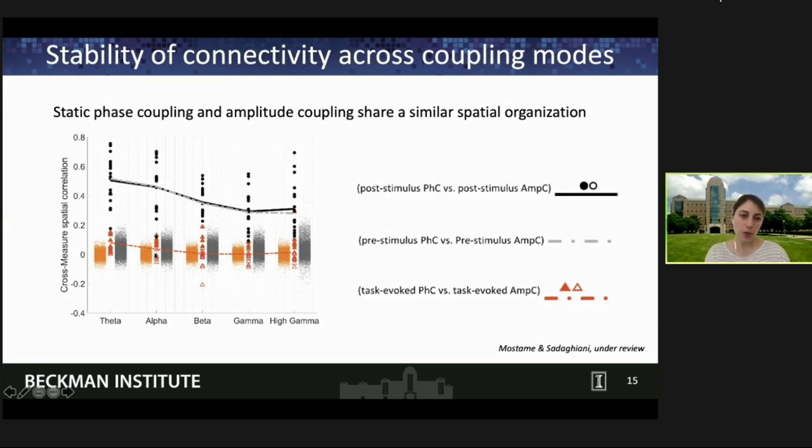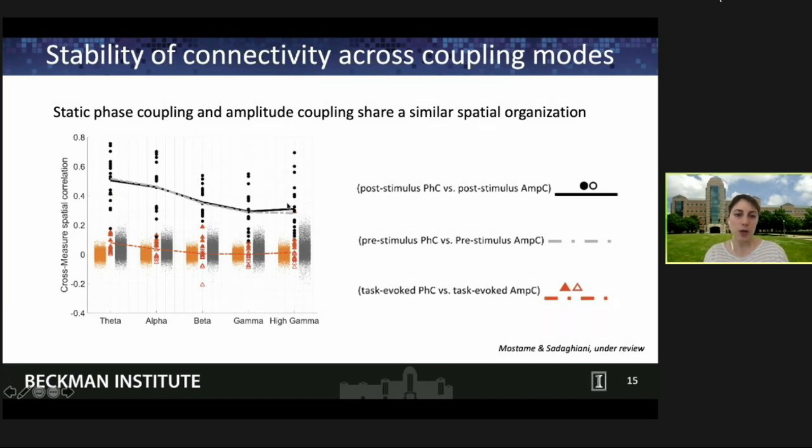What we're showing in this figure is that the gray line is the spatial correlation between phase coupling and amplitude coupling during the pre-stimulus time. So before the subjects were actually moving their fingers, they're not doing anything. This is totally intrinsic. And you see that the correlations are almost identical.